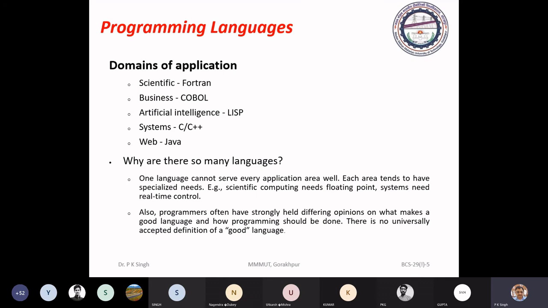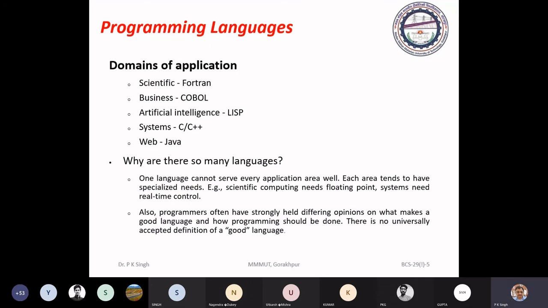Now, see the programming languages. We have different domains of the language, and for each domain we have some specific languages. For scientific computation, from the 60s we have been using the language Fortran. Its name is Formula Translation, and now for parallel machines we use it too.